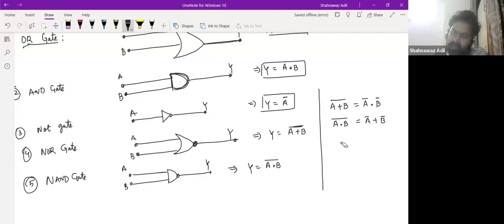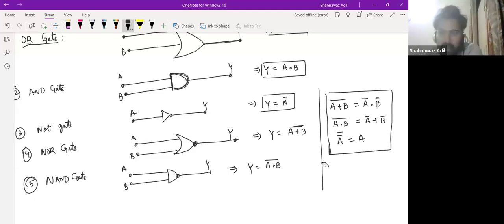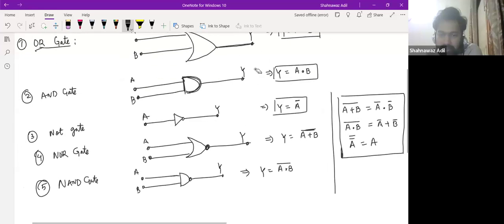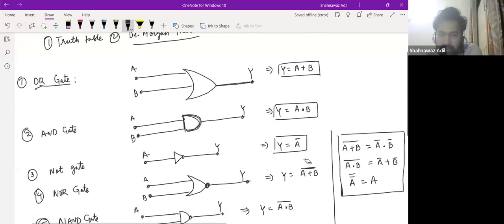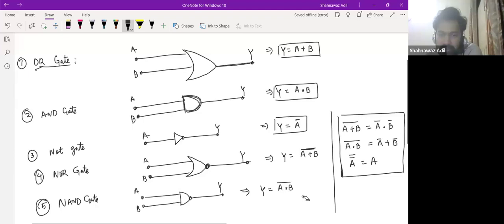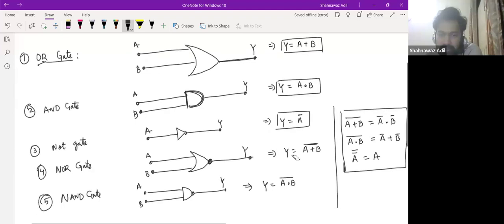You also have to remember that if we have two bars, bar on bar, this is A. These are the three things we have to remember. So this is the output that you will get.